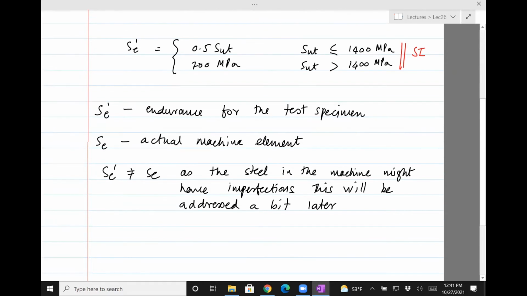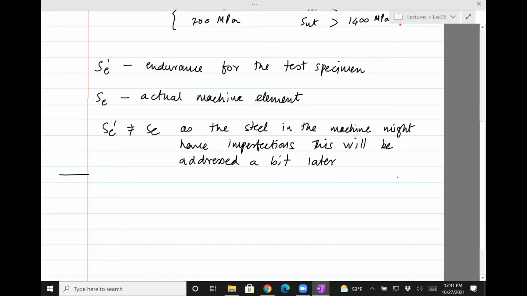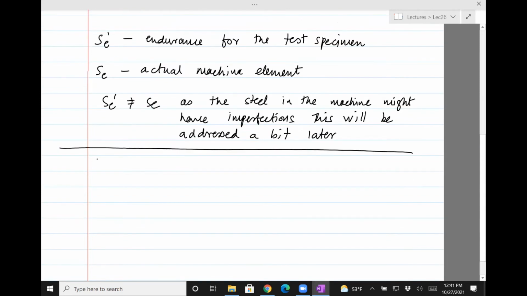What about F? So here are the formulas for F. So 0.8 and 0.9 are good ballparks, but if you want to be really accurate, then these formulas are to be used. 0.77 minus 2.8 10 raised to negative 3 times SUT plus 6.9 10 raised to negative 6 SUT square. This is if SUT is within 70 and 200 kpsi.